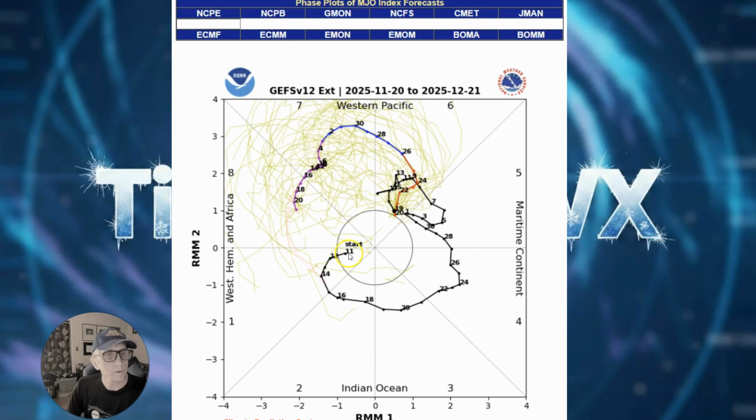So we're looking at the 11th of November. See, it's moving pretty quickly here. And up till, let's see, looking for the 21st. The 20th is right here.